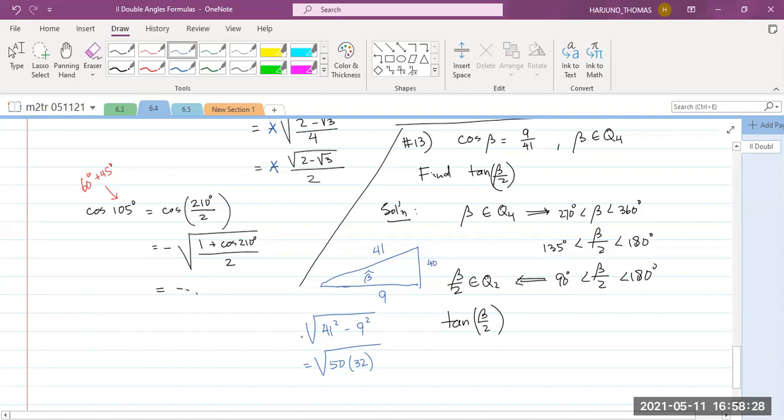Do you know what I'm doing here? How do I get that 50? How do I get that 32? You want to do mental math? This is mental math. That's right, we use difference of squares, right?